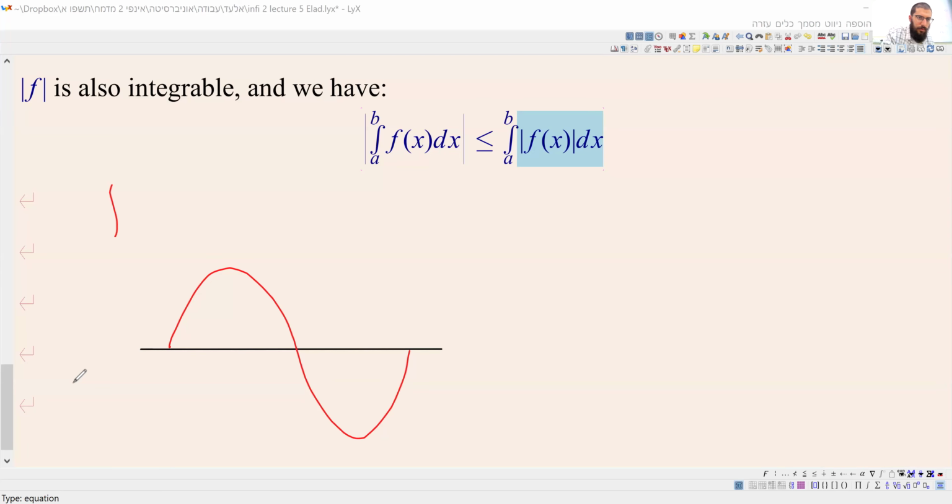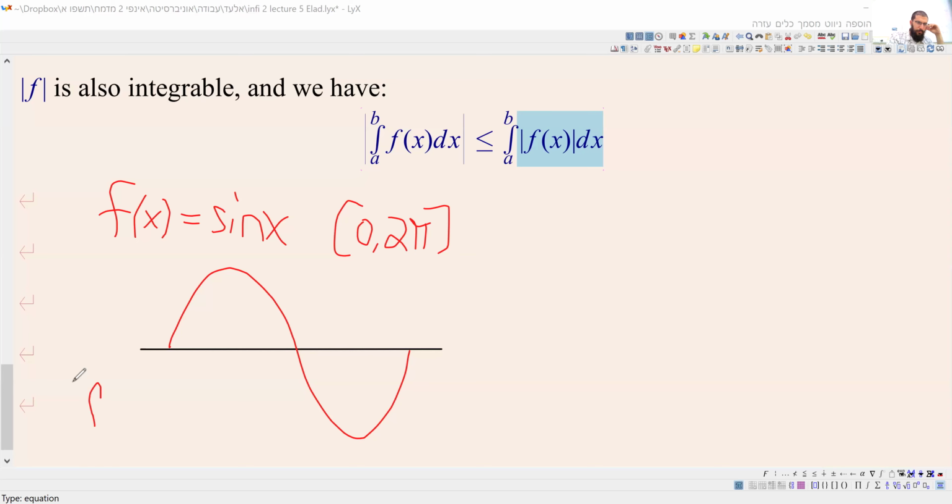Don't look for right proportions or precision. I want to show you the principle. This is sinus x. Our signed area is actually 0 because the hill and the valley just cancel each other, and the absolute value of 0 is still 0.